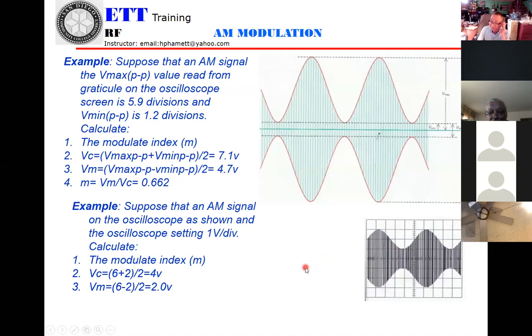So V max plus V min, right? If you're using the V peak, then everything has to be V peak, and then you would not have to divide by 2. Exactly. Okay, that's all I wanted to know. Thank you. Okay, so M is 50%.